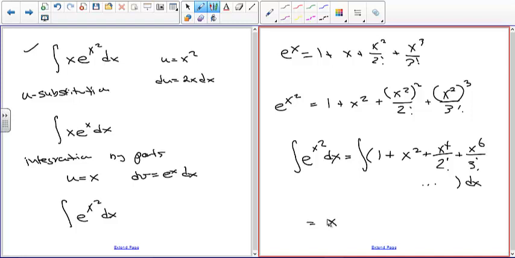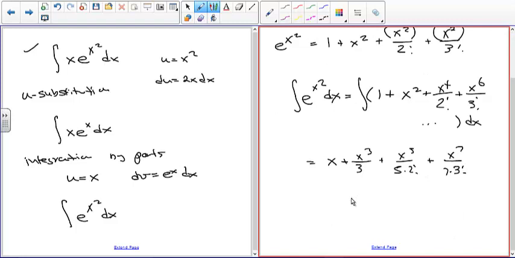So you get x plus x cubed over 3, not 3 factorial, just x cubed over 3, plus x to the fifth over 5 times 2 factorial plus x to the seventh over 7 times 3 factorial. And you could then probably come up with a summation for this.